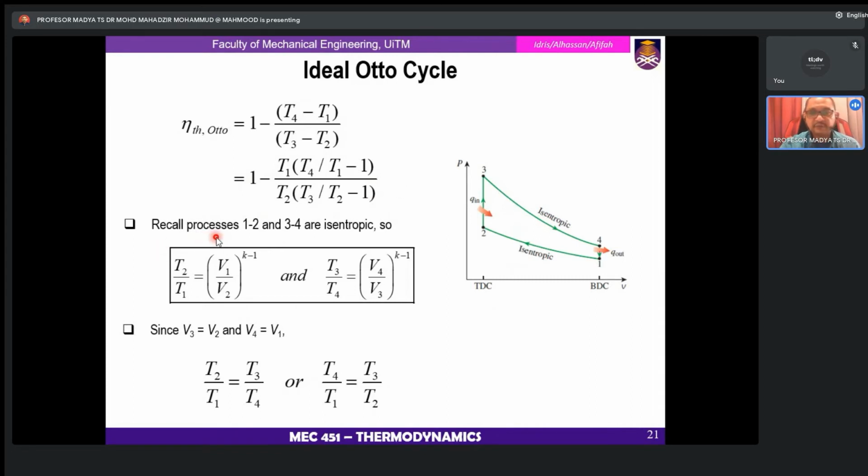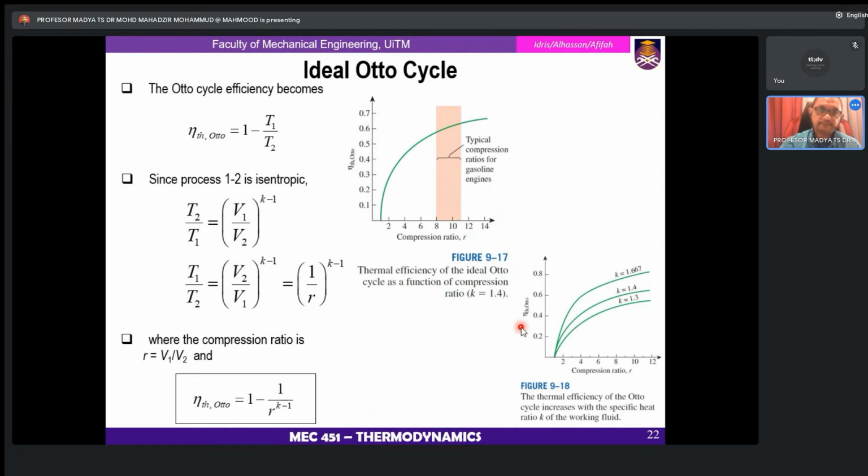We recall the processes: because this is an isentropic process, you can use the three properties relationships for isentropic processes of a gas. You can use T and V because you know the properties of temperature and volume. You also know that volume 3 and volume 2 are equal, and also volume 4 and volume 1.